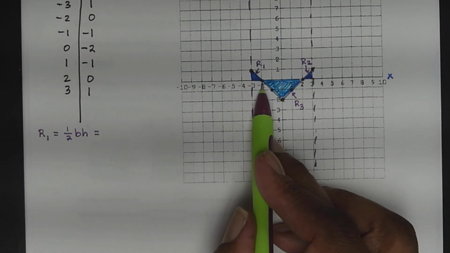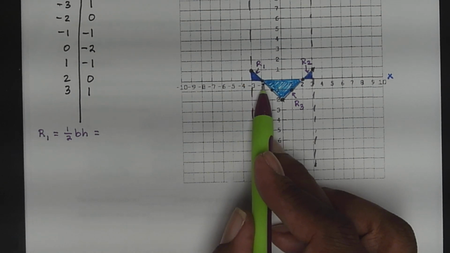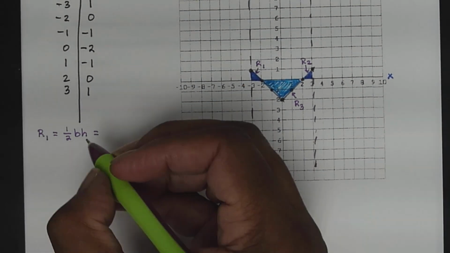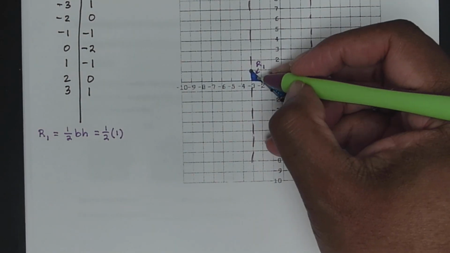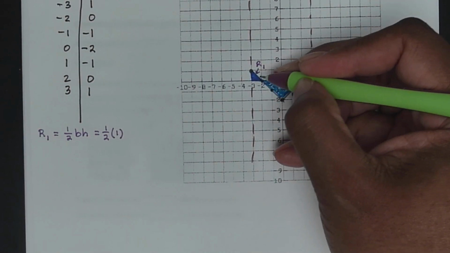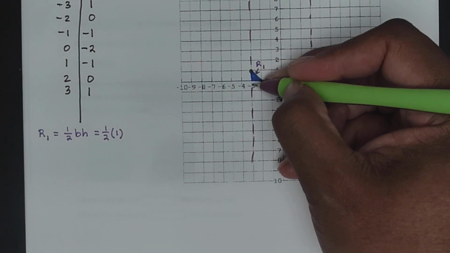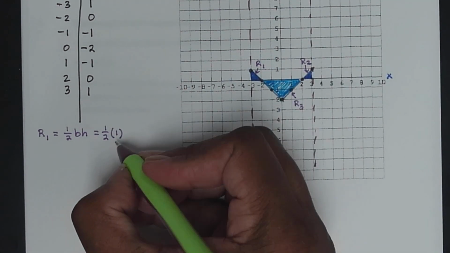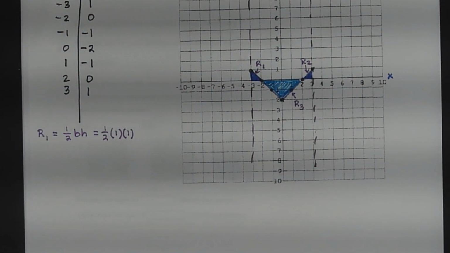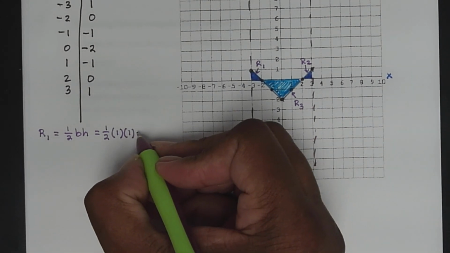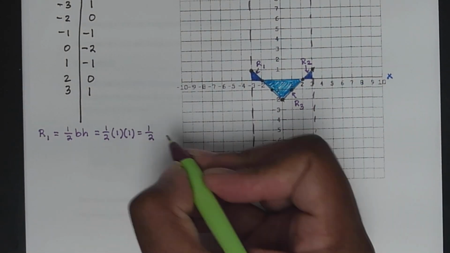The base has a distance from -2 to 3. That distance is only 1. So I have 1/2 times the base, which is 1, and then this height right here, from 0 up to 1. That distance from 0 to 1, that's my height. That's going to be 1. So 1/2 of 1 times 1 ends up being 1/2.